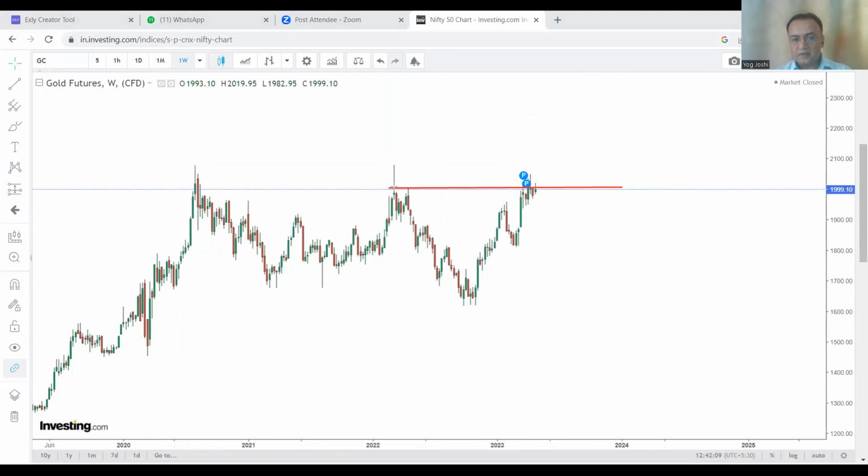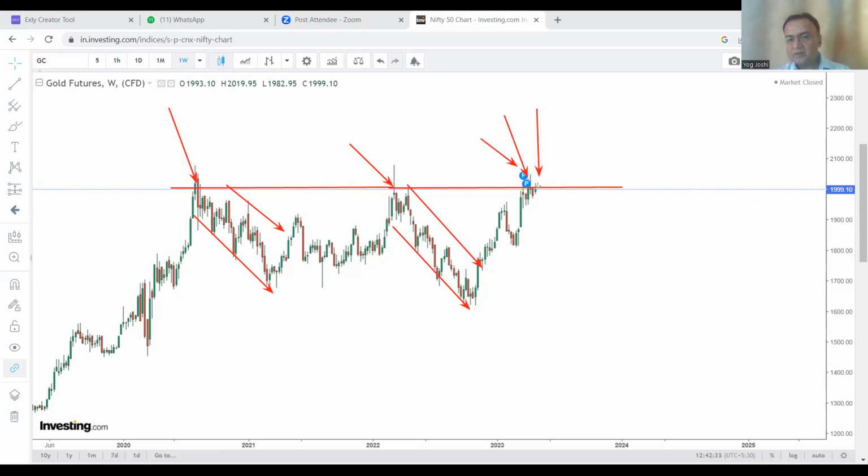If we extend this line, whenever gold came to this level, it faced resistance and went into a downtrend. Once again, gold came to this level. So there is a chance the same history might be repeated.